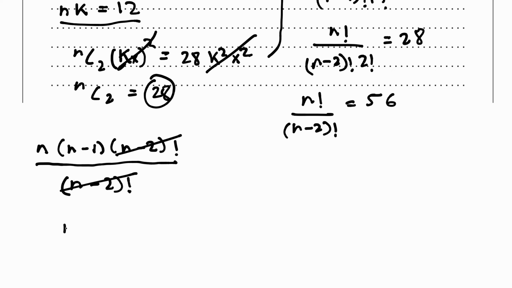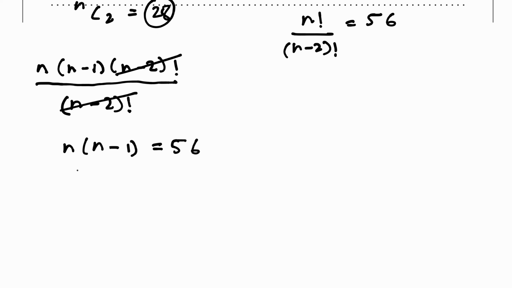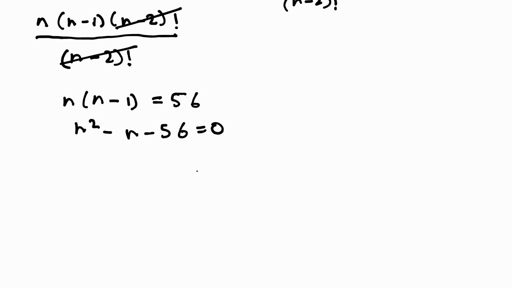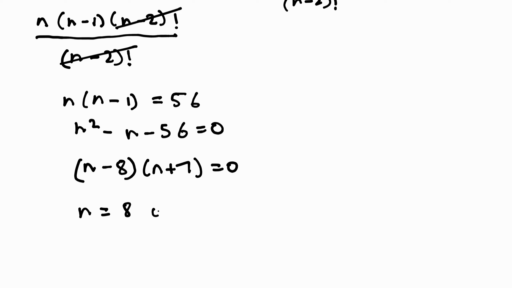So I'll be left with n times (n minus 1), not factorial in this case, is equal to 56. Now let's distribute. n² minus n minus 56 is equal to 0. So let's solve this quadratic. Well, it will simply be (n minus 8)(n plus 7) equal to 0, so n is equal to 8 or n is equal to negative 7.